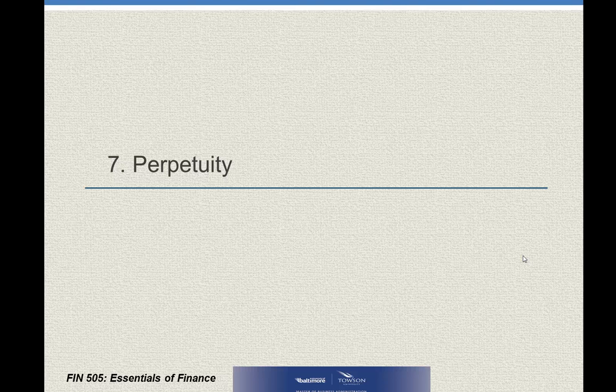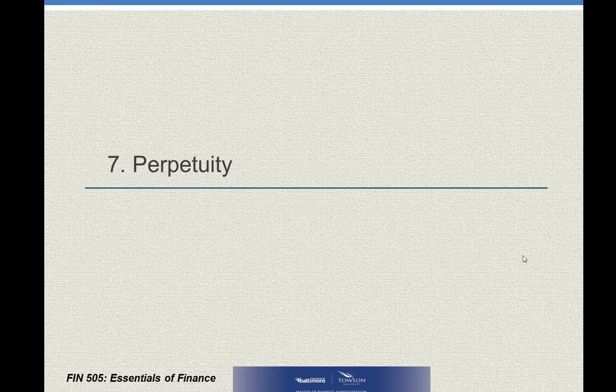So perpetuity is special in the sense that annuity, generally speaking, the number of payments is finite. For example, we can have 5 payments, 10 payments, or even 100 payments. But the point here is that it's finite. It's a finite number. But perpetuity, we actually have an infinite number of constant payments.